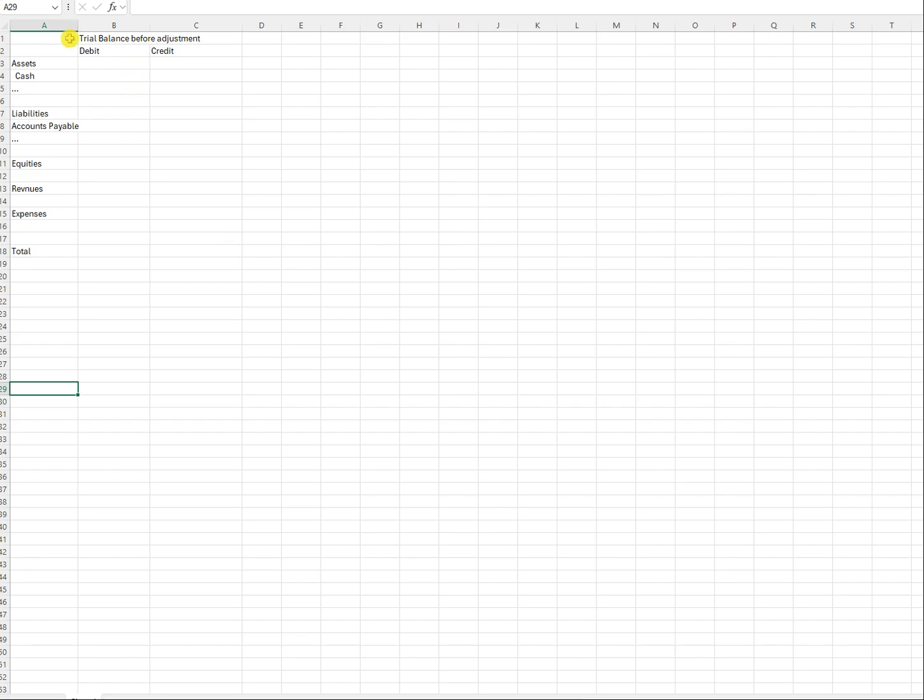So I can go to an Excel sheet and build a trial balance before adjustment. On these rows, I'm going to list all the asset accounts, followed by liability accounts, equity accounts, revenue accounts, and expense accounts. I have a total, and I have two columns: a debit column and a credit column.